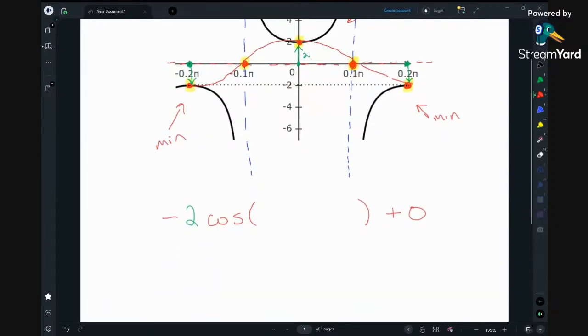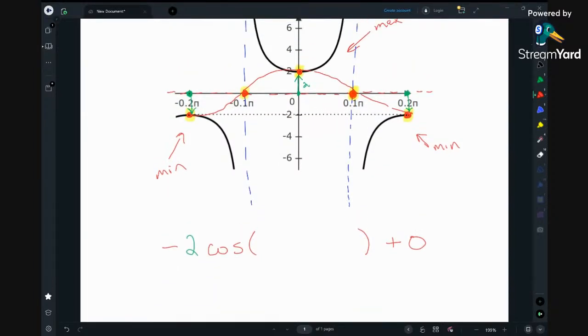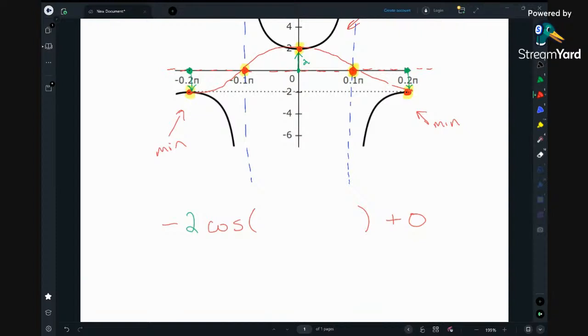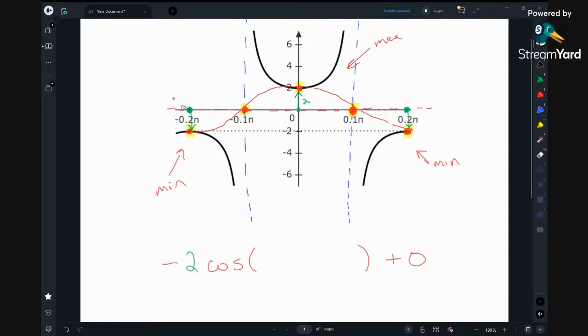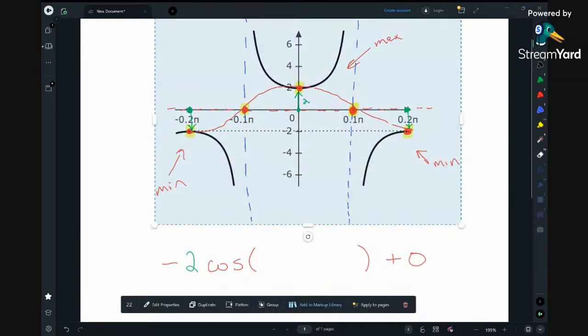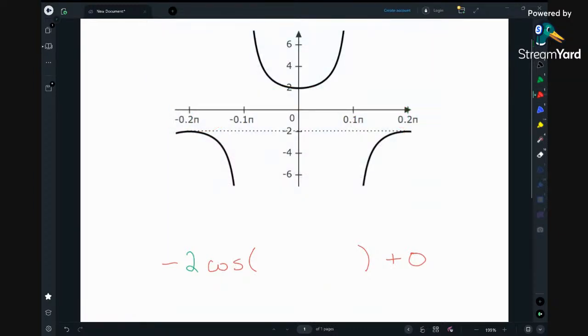Now we got a couple things on the inside to attack. I'm limited with colors on this app, so I'm just going to erase what's up here to be clear. Now what I want to emphasize is we're going from here, something like this, to here. And what I want to know is what is the distance from here to here?